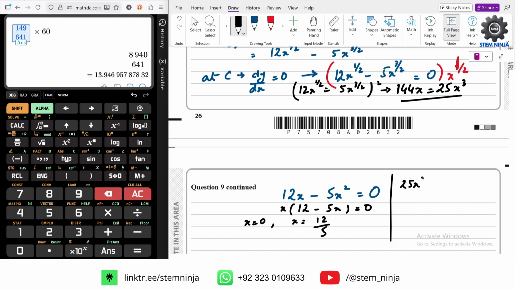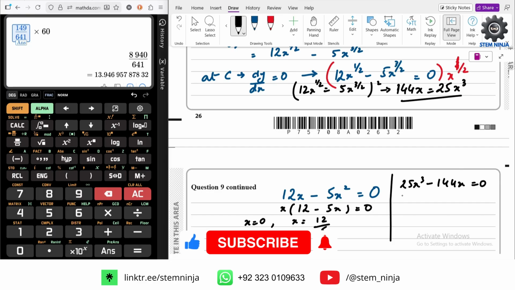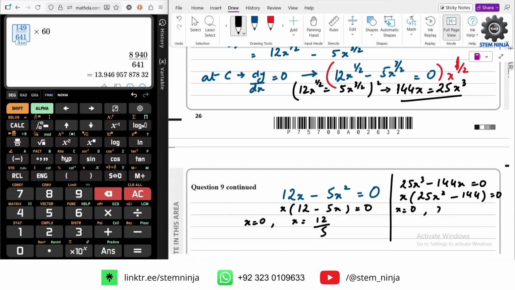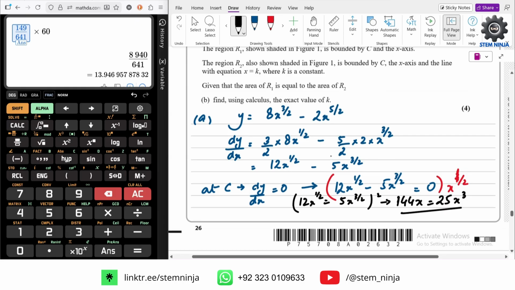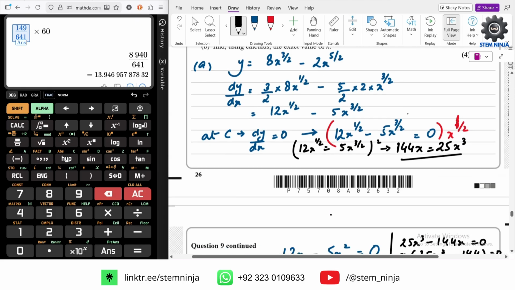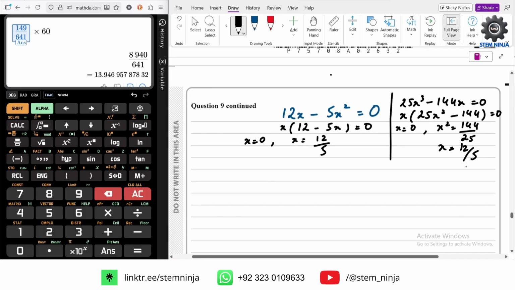So you have 25x cubed minus 144x equal to 0. So x can be taken out: x(25x squared minus 144) equal to 0. So either x is equal to 0 or x squared is 144 over 25. So basically x is plus or minus 12 over 5. But they gave us a condition, x is greater than 0, so we will just use the positive one.